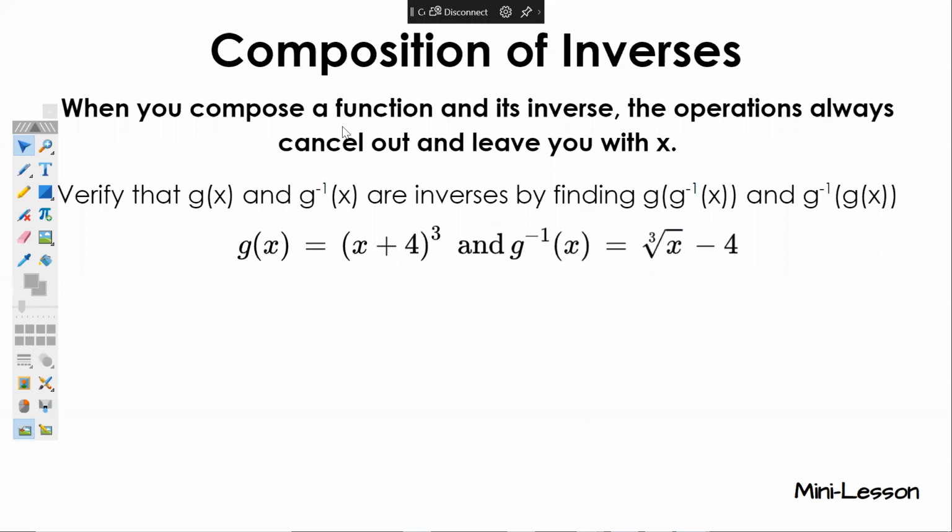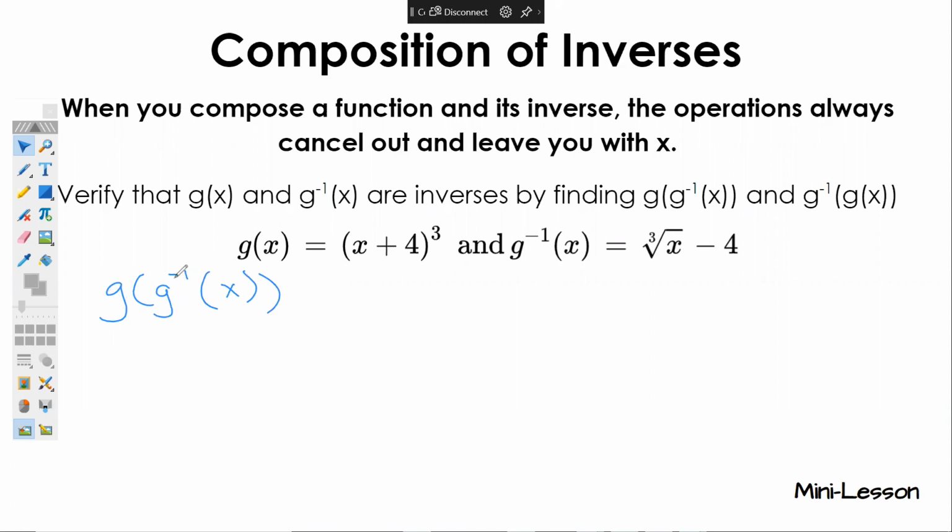So when you do the composition of a function and its inverse, the operations always cancel out and leave you with an x. We're going to verify that g of x and inverse of g of x are inverses by finding the composition of each. So we're going to first do g of the inverse of g.